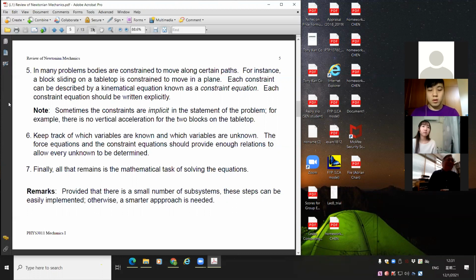Number 6, keep track of which variables are known and which variables are unknown. The force equations and constraint equations should provide enough relations to allow every unknown to be determined. Now, keep this in mind. If we have 5 unknown independent variables, we must need 5 equations to determine them.